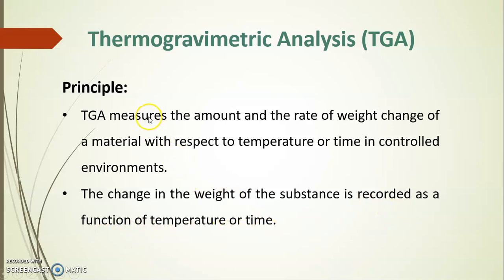It is the method used to measure the amount and rate of weight change of a material. When we apply heat, some changes occur in the weight, and that weight change we measure by using this method.